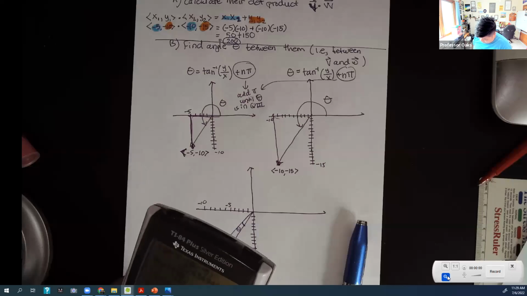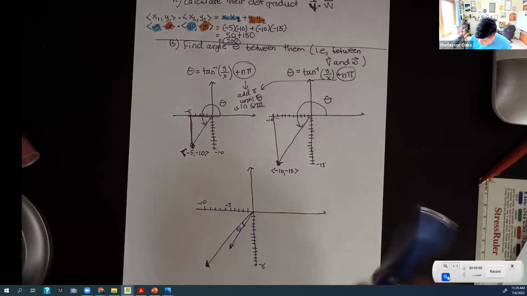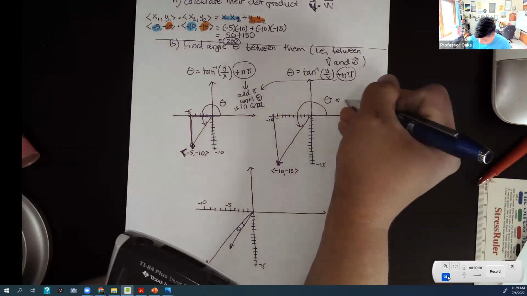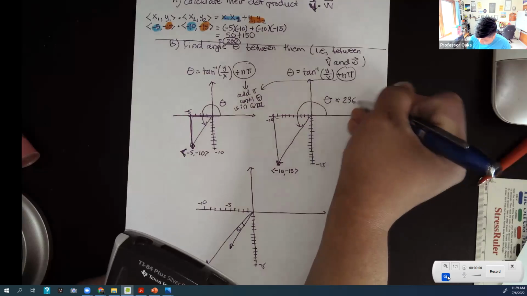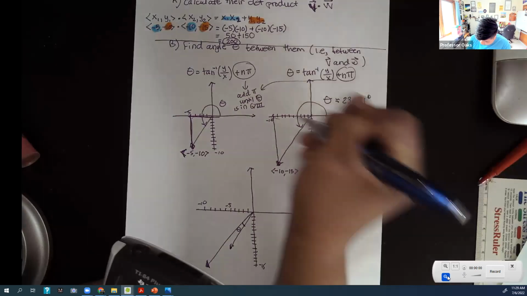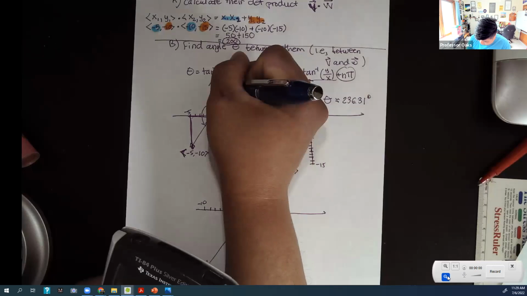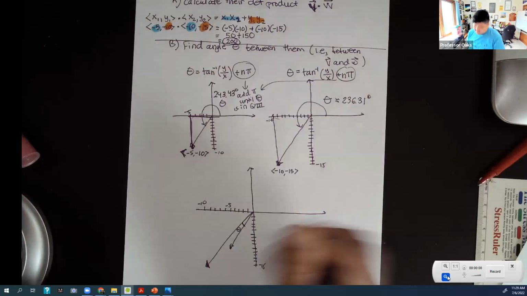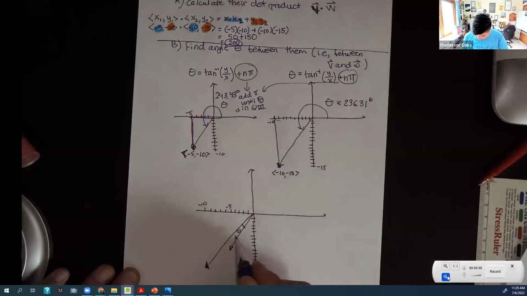Okay. So this one, if I do this, is about 236.31 degrees, and this one would be about 243.43 degrees. So this theta right here is very, very small.